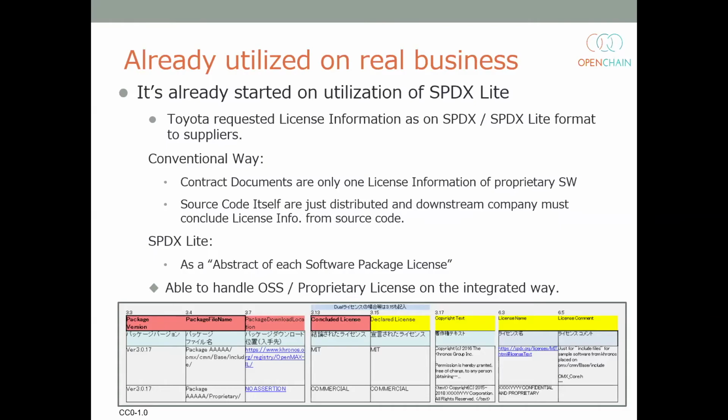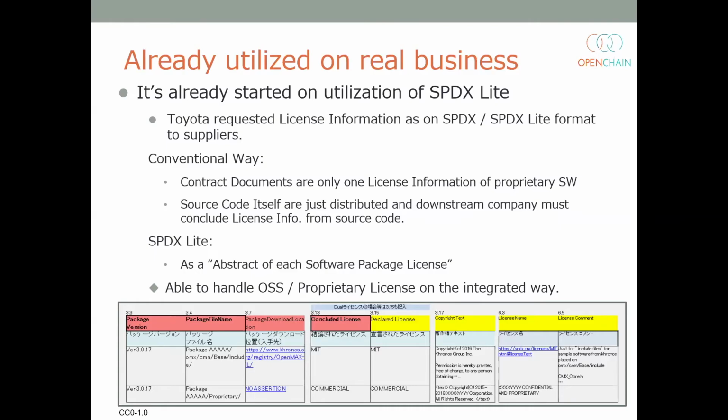In the conventional way, contract documents are the only license information for proprietary software, and the source code itself is just distributed to the downstream company when we distribute open source software. So the downstream side has to read all the source code or scan it with a license tool like FOSSology on the downstream side.